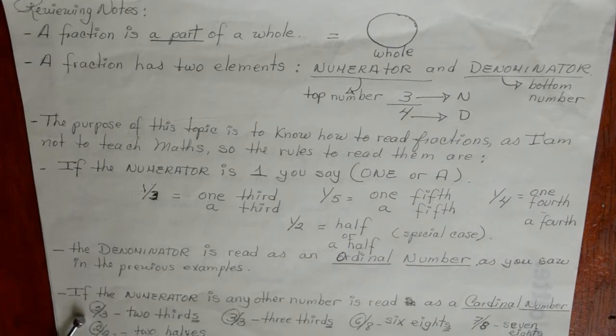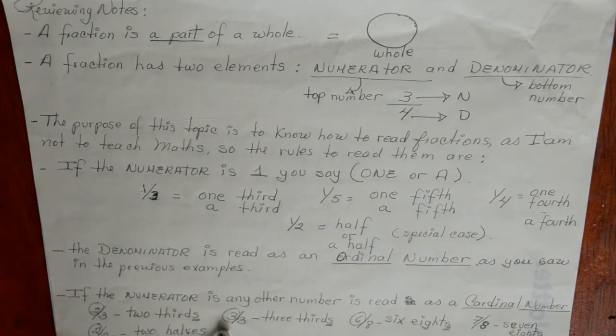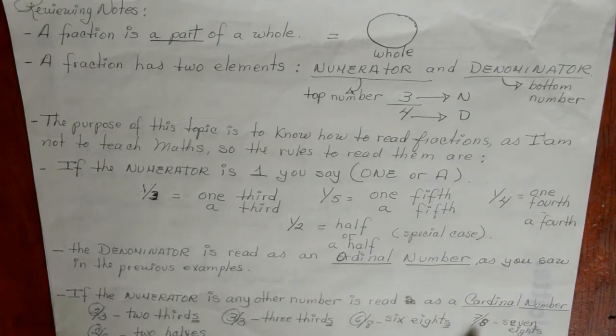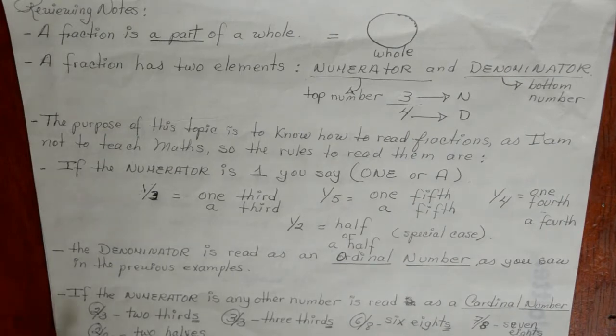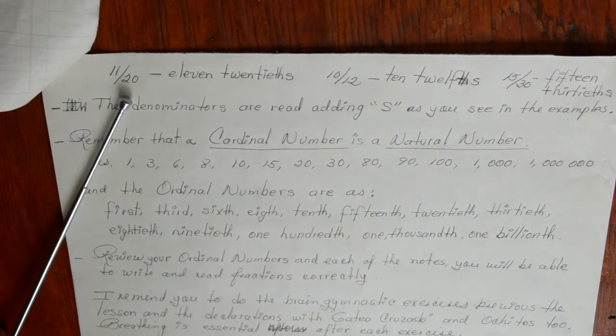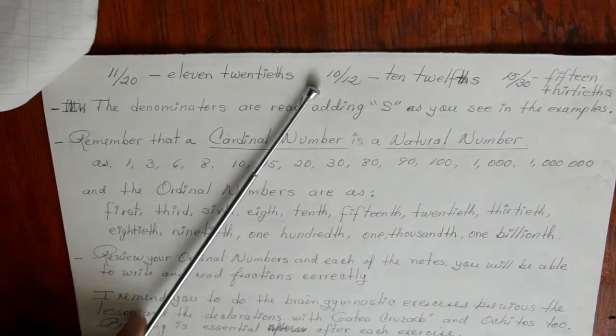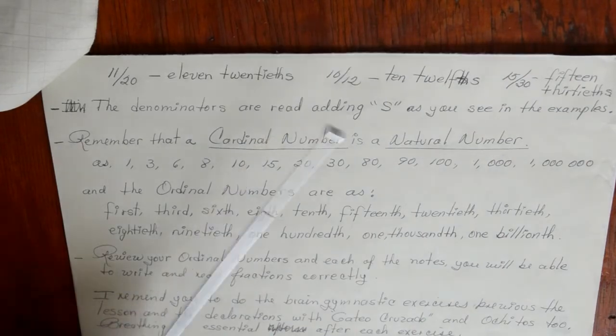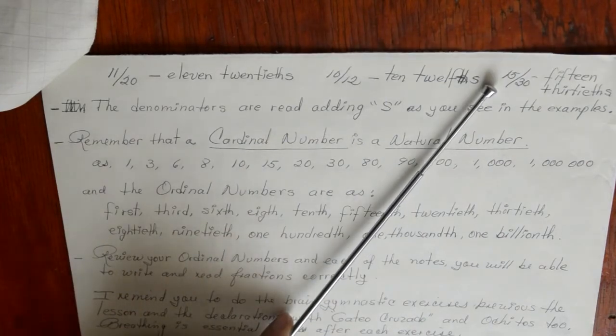Let's see here: 2/3, 3/3, 6/8, 7/8, 2/2, 11/20, 10/12, 15/30.